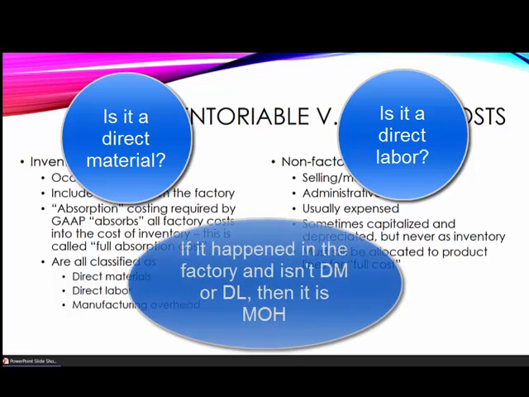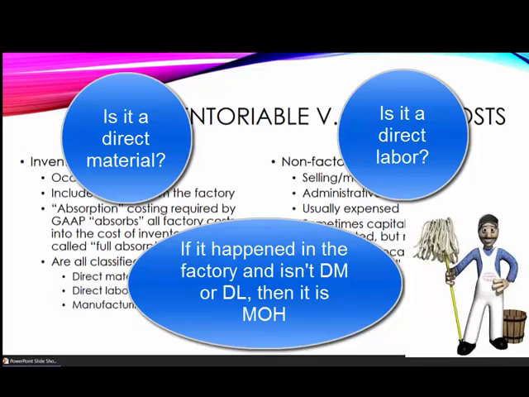And then everything else is manufacturing overhead. So the depreciation on the machines, maybe they spray the pans with oil to keep them from sticking. You can't really tell how much oil is going to be used. It's not part of the recipe. That may change from time to time. So that would be an indirect material, which is part of manufacturing overhead.